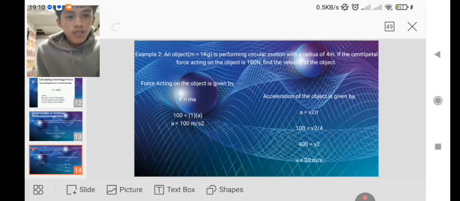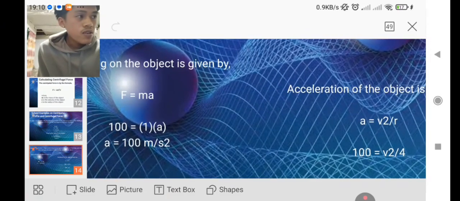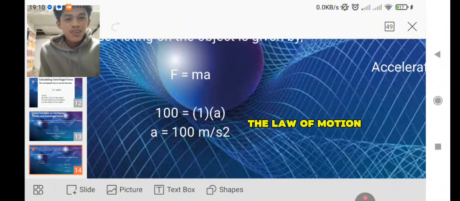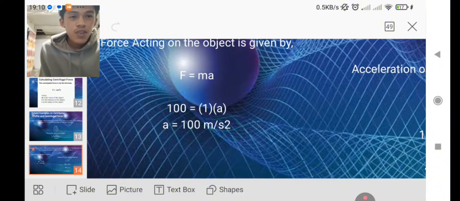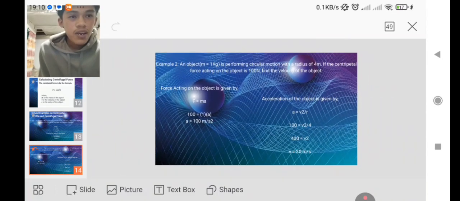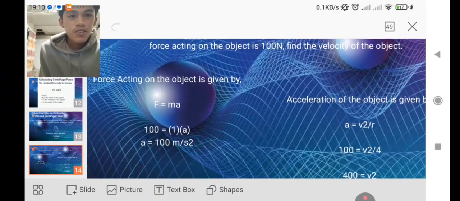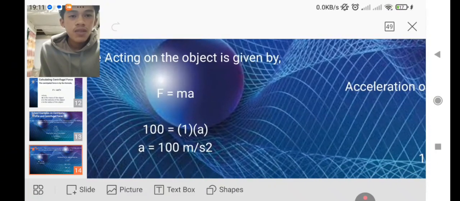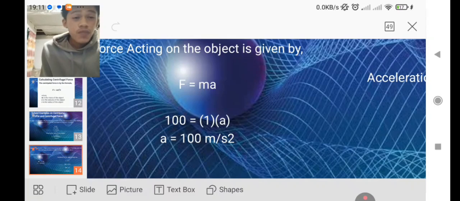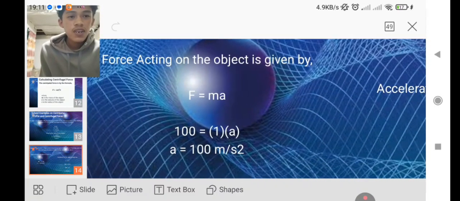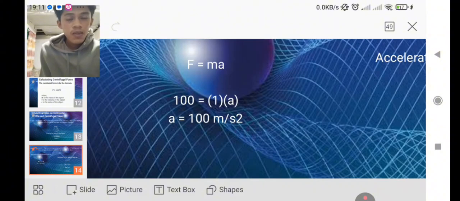Given ang force, 100. So 100 equals mass, 1 kilogram, times acceleration.